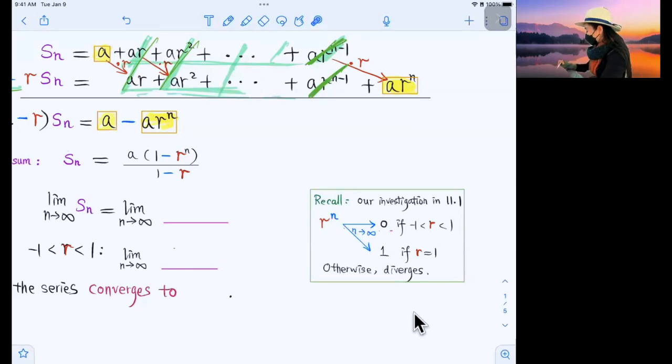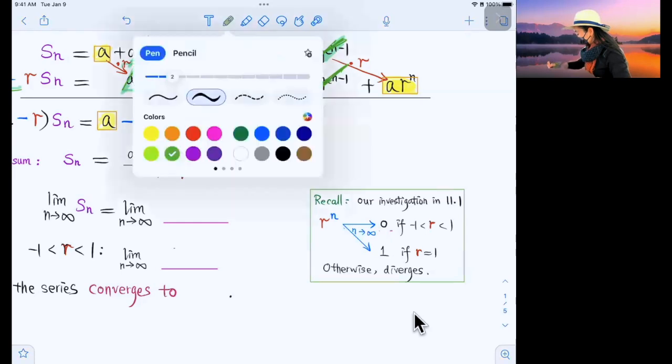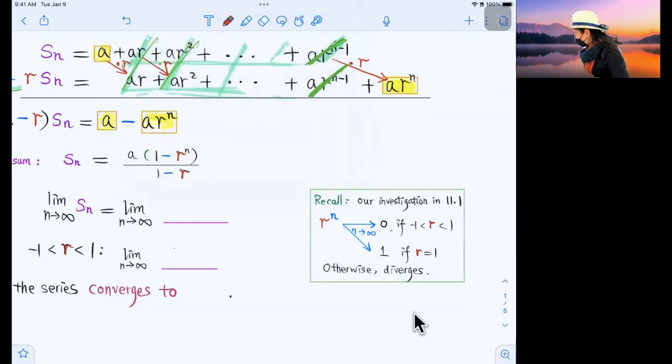Then 1.5 to the n, as n goes to infinity, is going to diverge to infinity. So it only converges when r is between -1 and 1, and also including 1, when it's converging to 1, and then diverges outside.